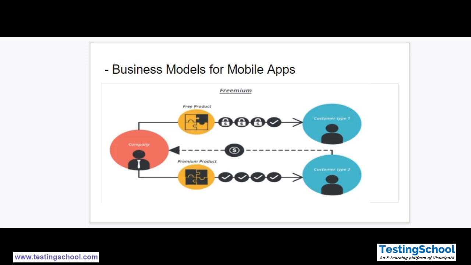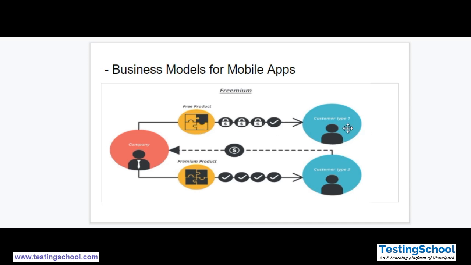The application needs to provide sufficient features to be attractive to the user, while at the same time providing advanced features for which a large number of users would be willing to pay. So here you can see the company provides the free product, in which most of the features are locked.